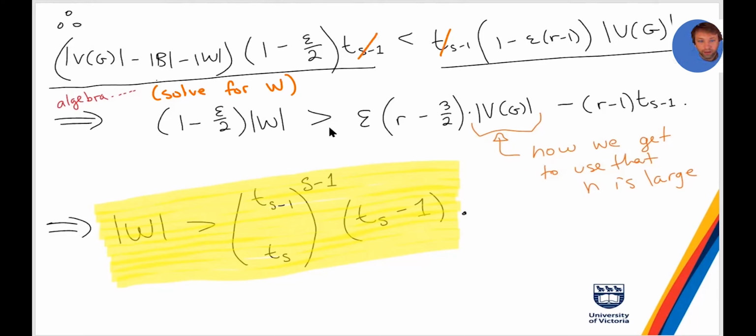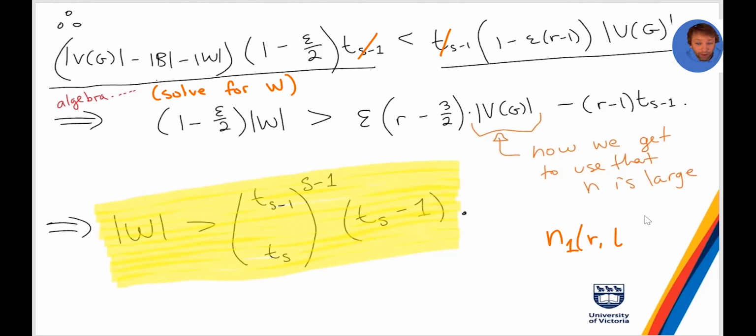Nothing terribly interesting is going on here, right? I just cancel these because they're multiplied to everything. I move the W over to the other side, move the other junk to the other side. And what we can say is that the size of W is at least whatever I've got on the right-hand side.